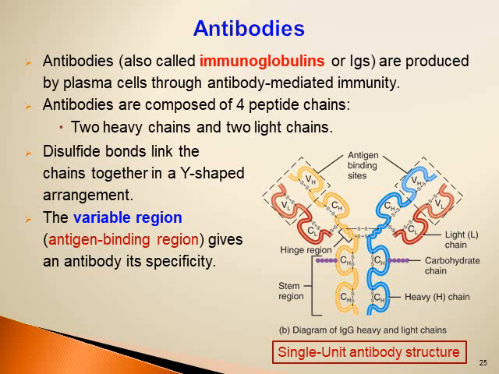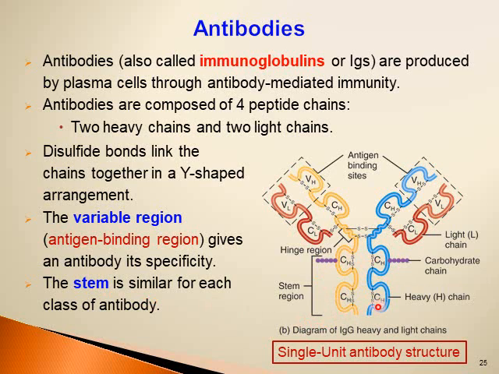There is something called the variable region or the antigen binding region that gives the antibody its specificity. Here we can find the antigen binding sites, and these are the variable regions, and they are different from one antibody to another antibody. The stem region is similar for each class of antibodies. We have 5 classes of antibodies, and the stem is the same in each class of the antibodies.